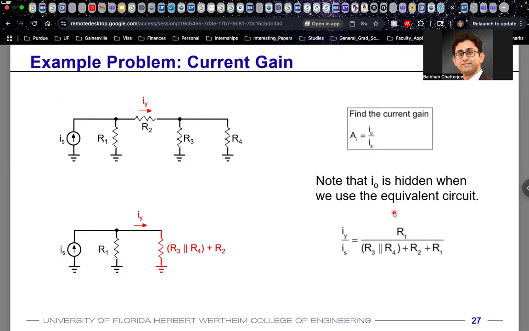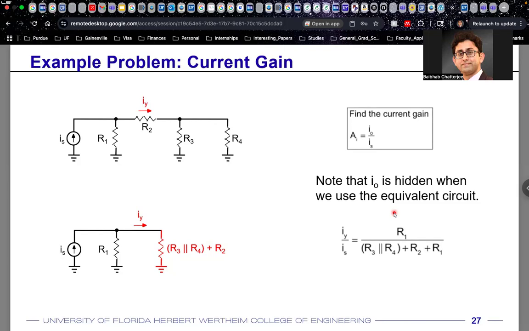And you know that the current flowing through one branch will be directly proportional to the value of the resistance in the other branch, not on the same branch, right? Because current is opposed by resistances. So that's why the other branch's resistance is something that will be there in the numerator.